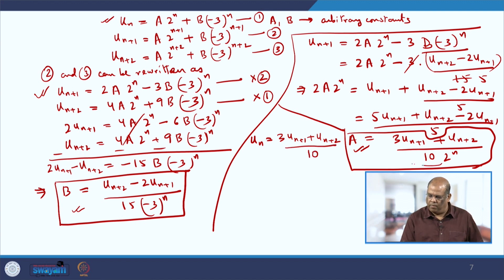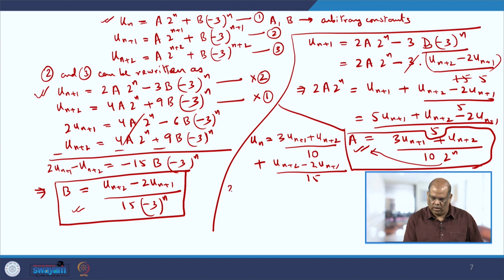So, I just multiply this here, and plus b·(−3)^n, that will give me (u_{n+2} − 2u_{n+1}) divided by 15. So, if I simplify them, I will get this as 30.